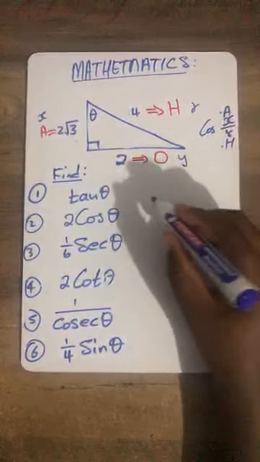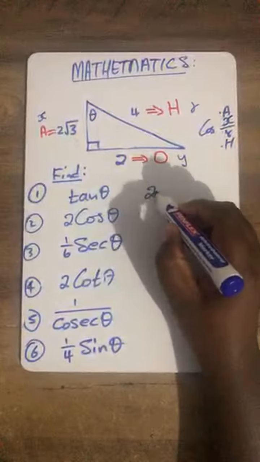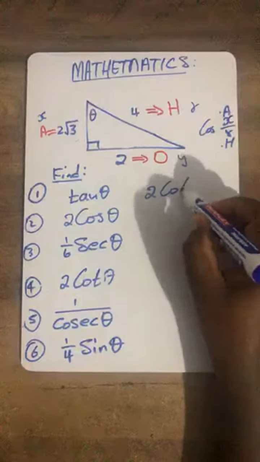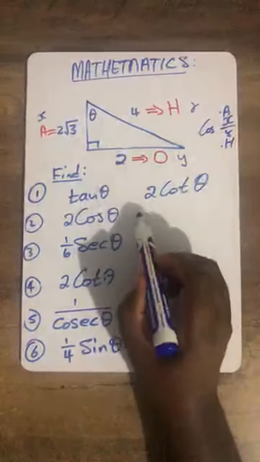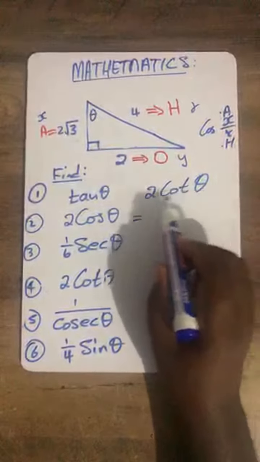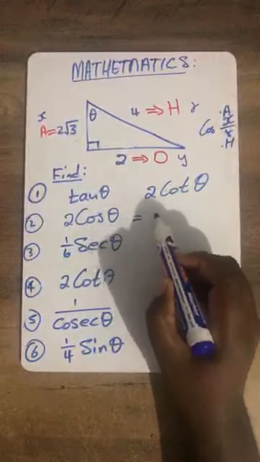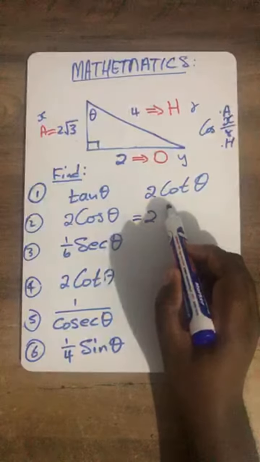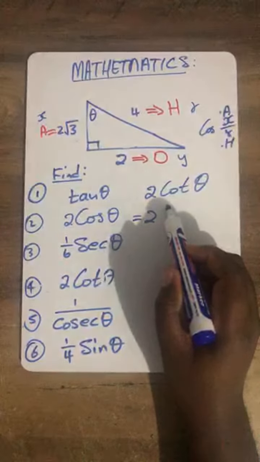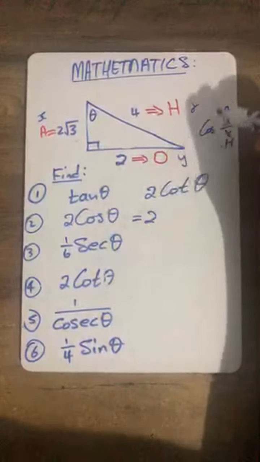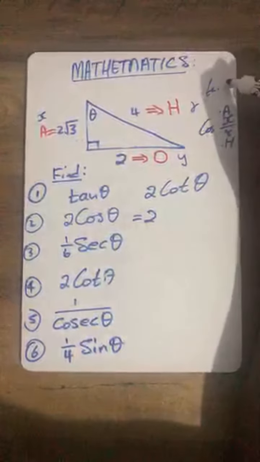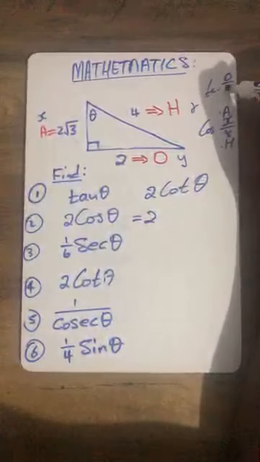For number 4, we have 2 cot of an angle. Cot is the cousin of tan, and we know that tan equals opposite over adjacent.